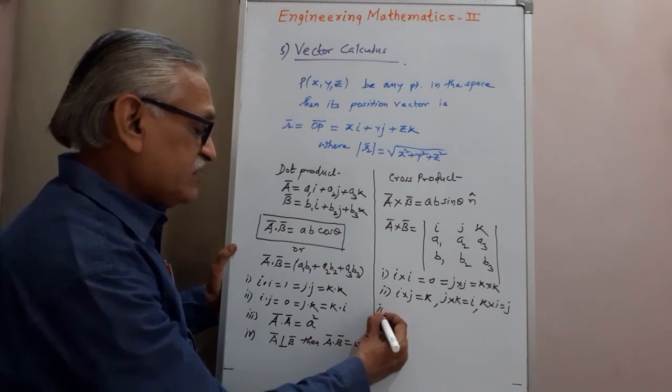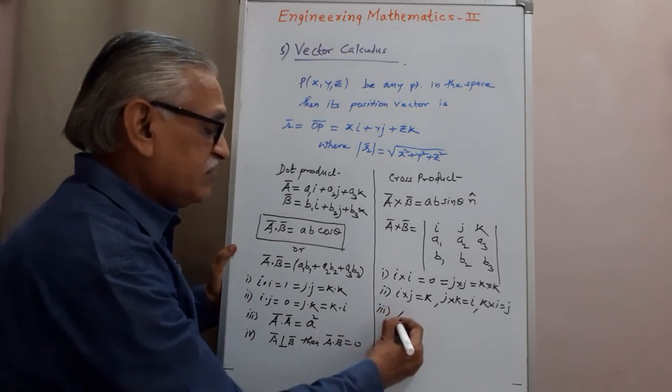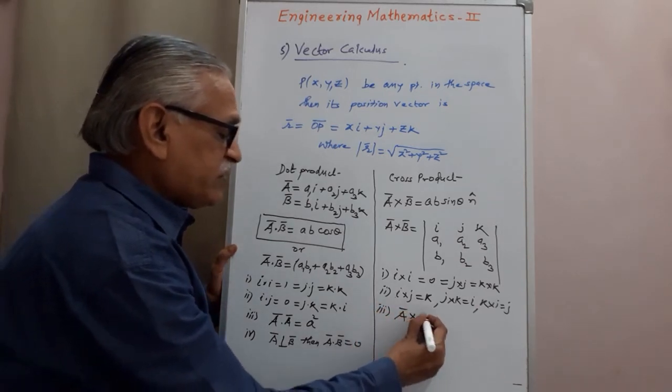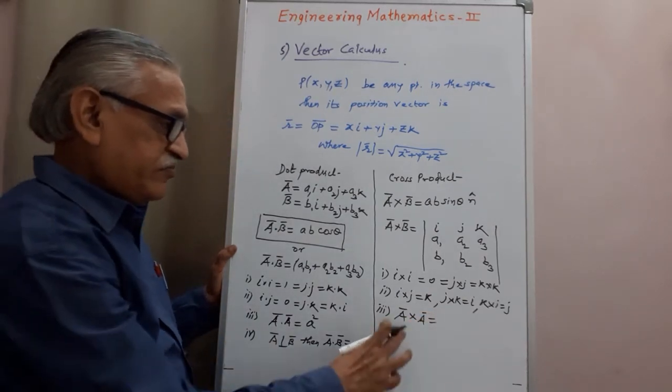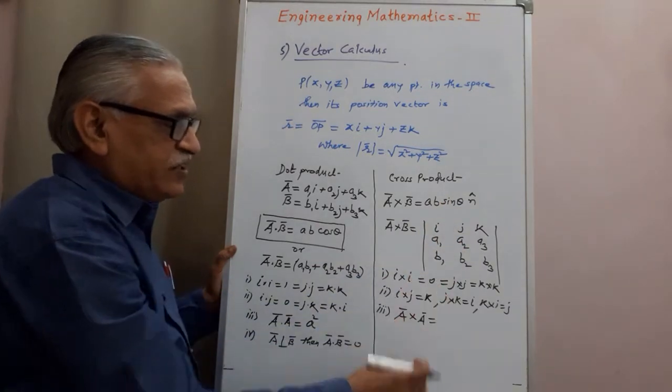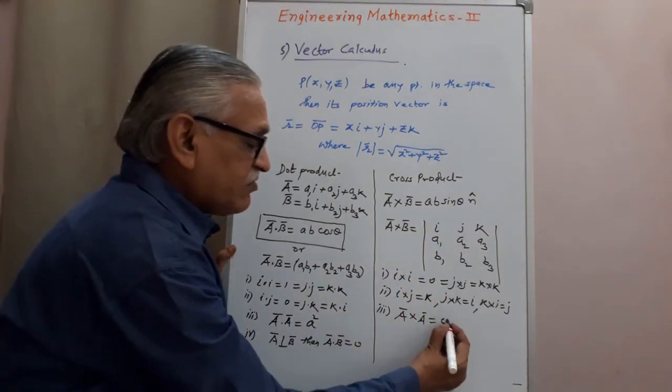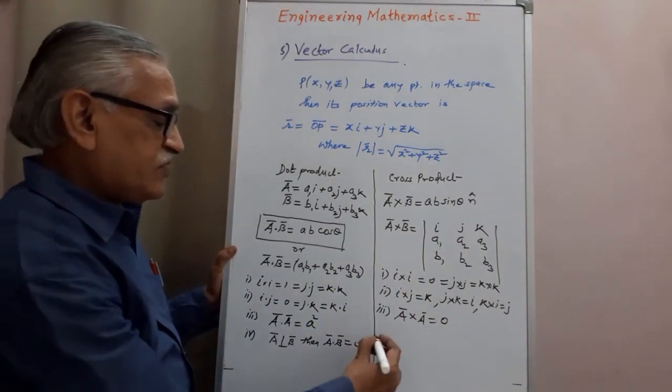The third one, vector A cross vector A, cross product of two same vectors: the angle is 0, therefore sin 0 is 0, and we get the value 0.